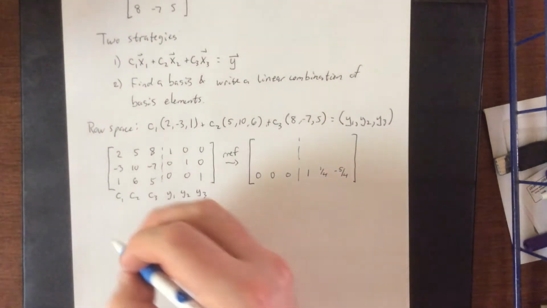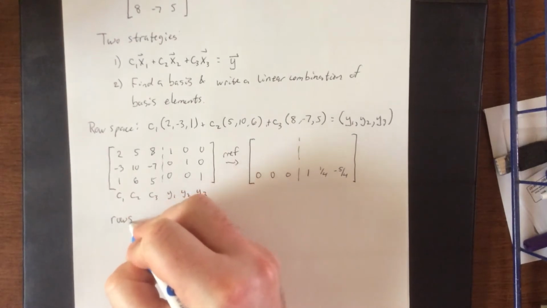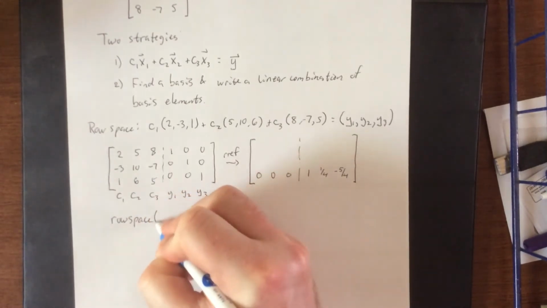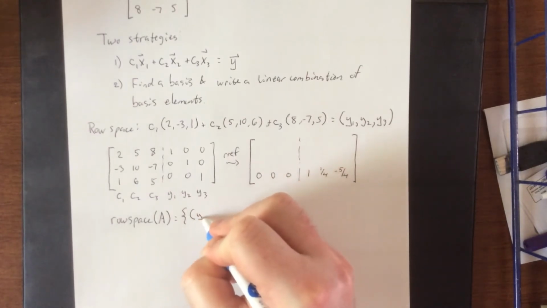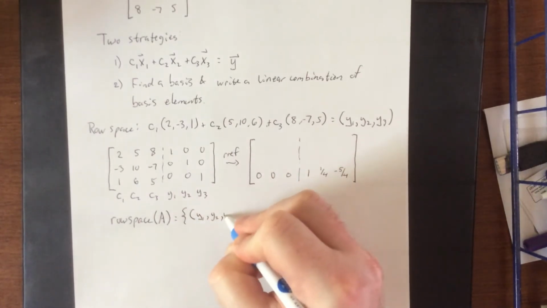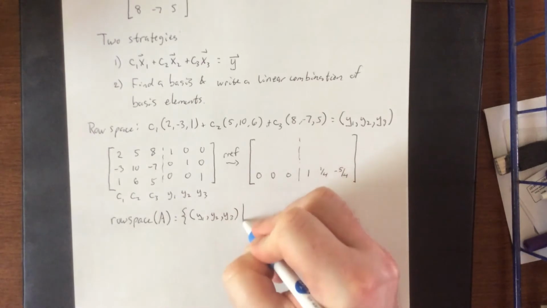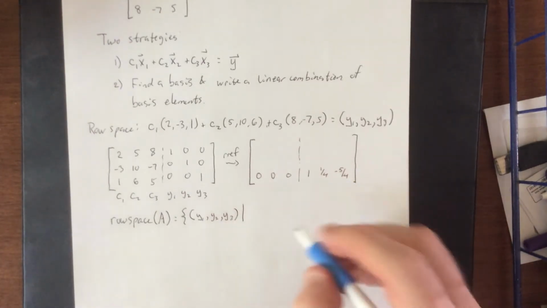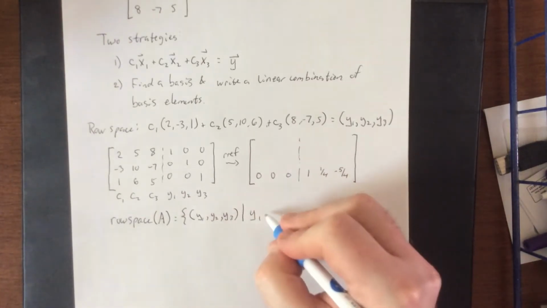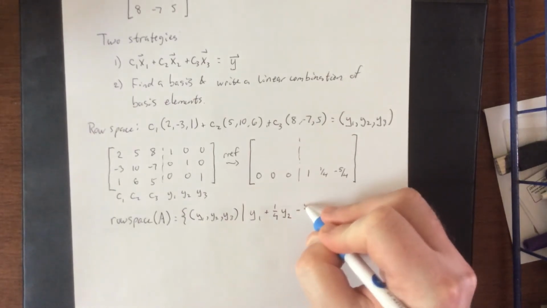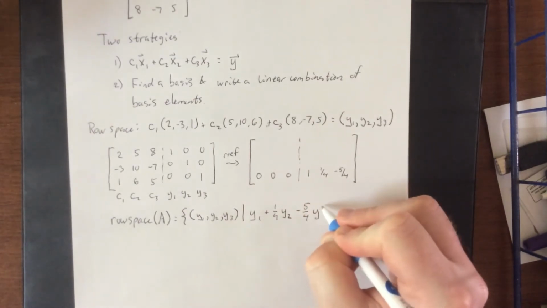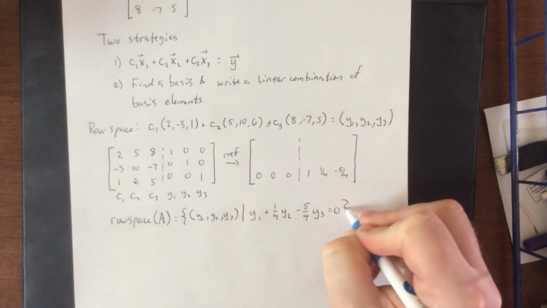So we can interpret this as the row space of A is equal to the set of all vectors of the form y1, y2, y3, such that, and then interpret this constraint, y1 plus 1/4 of y2 minus 5/4 of y3 has to be equal to 0.